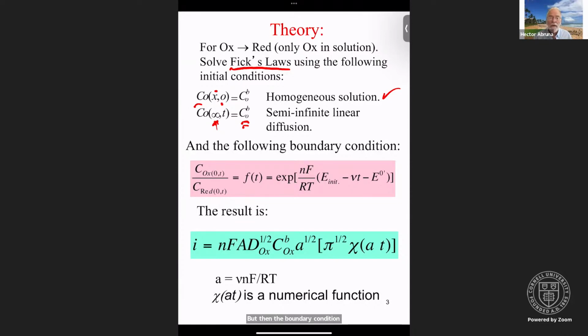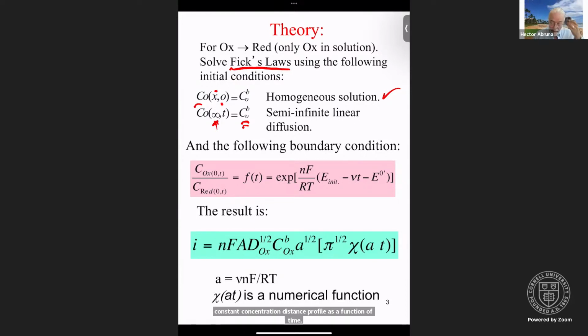Remember that in chronoamperometry, the boundary condition was that for t greater than 0, the surface concentration went to 0, and that's how we ended up with the Cottrell equation. In chronopotentiometry, for time bigger than 0, we imposed a constant current, therefore a constant rate, therefore a constant concentration distance profile as a function of time.